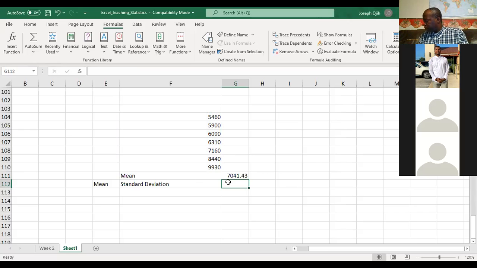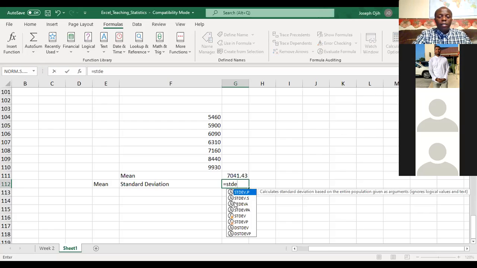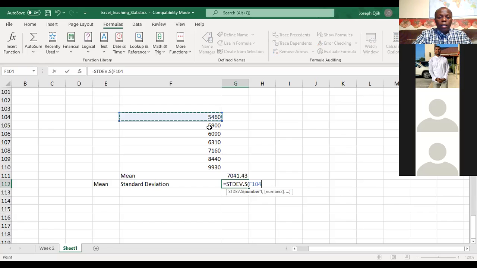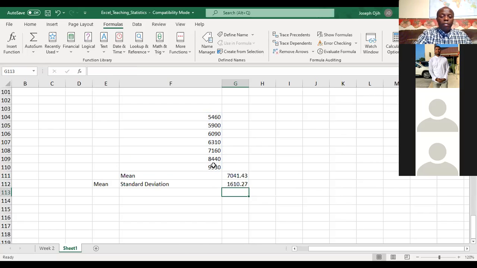7041.43. Okay, that's good. And the standard deviation will be equal STDEV.S. See, STDEV.S is out already. I will click and then highlight it, close the parentheses and press the enter key. So the sample standard deviation is 1610.27.